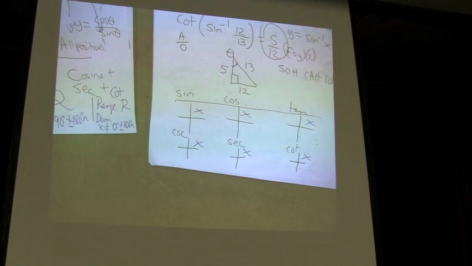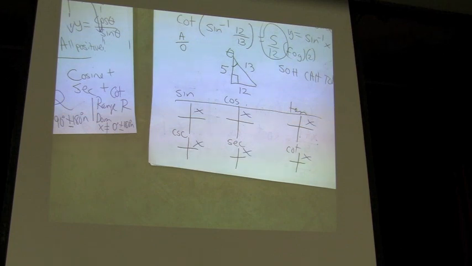Then it will include 1 other quadrant, a quadrant that is adjacent to quadrant 1. So it will include either quadrant 2 or 4.